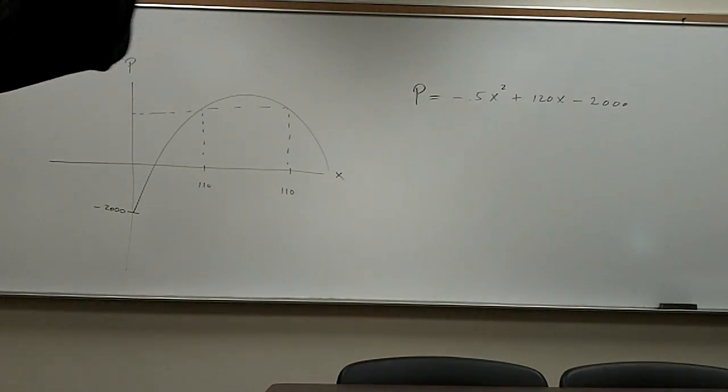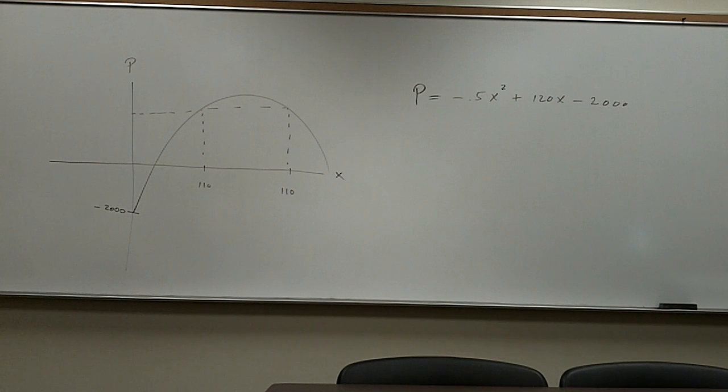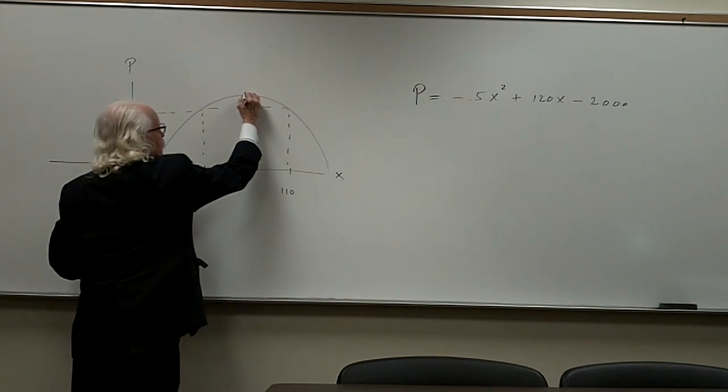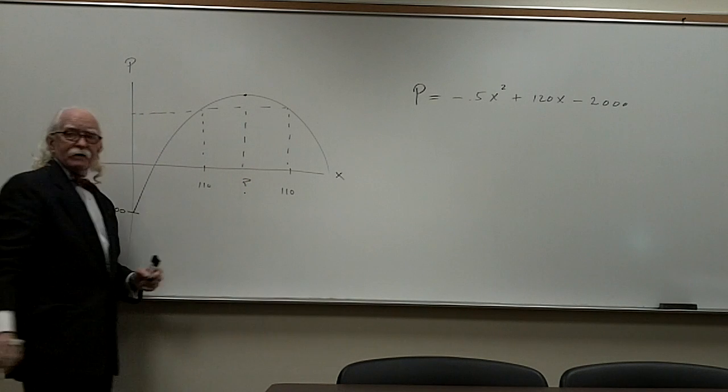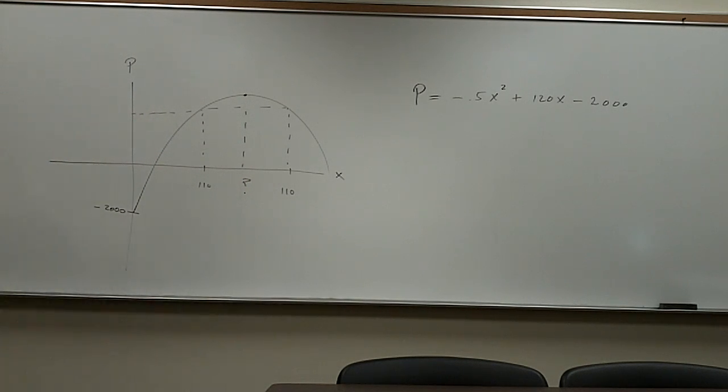Listen, everybody. You must find the vertex of this problem. Whatever number is located there will tell you quickly whether the 110 is on the left or the right side. You understand that?